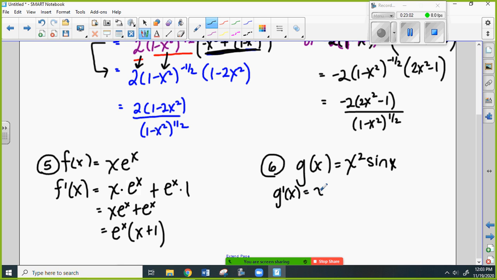So we have first times derivative of the second plus second times derivative of the first.